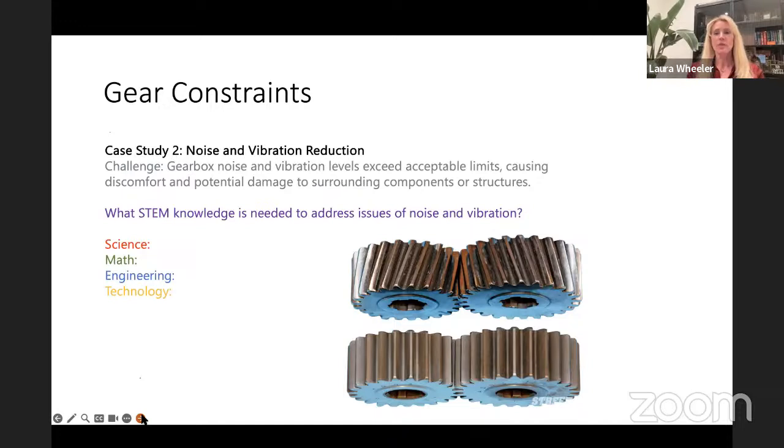So I will open this up to you. You can put something in the chat box if you like, but we'll work on this in a minute. We would say, what science knowledge is needed? What do I need to know about noise or vibration in spur gears, and what's causing the vibrations or the noise?